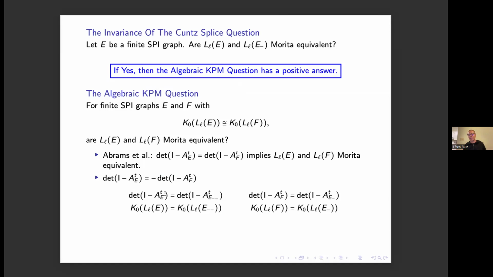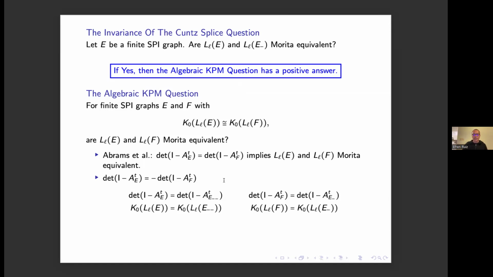So all we're interested in is changing the sign of the determinant. Since the Cuntz-Splice picks up a -1 in the determinant from the original graph, when you do it twice, you don't change the determinant from the original graph. So you get the same determinant and isomorphic K0 group, so you just invoke Abrams again.